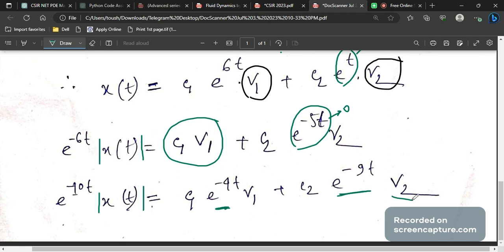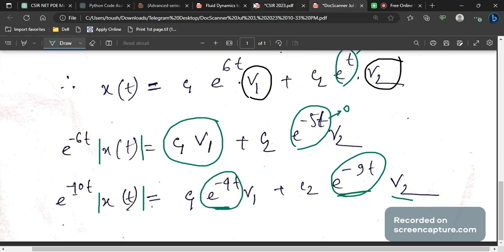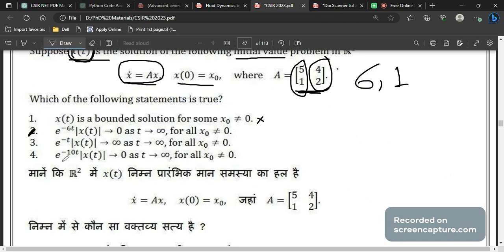So as t tends to infinity, this e to the power minus 9t is tending to 0 and this e to the power minus 4t is also tending to 0. That means the whole thing is tending to 0, right? So the option says that e to the power minus 10t times the norm of x(t) is tending to 0. That means this option is right.